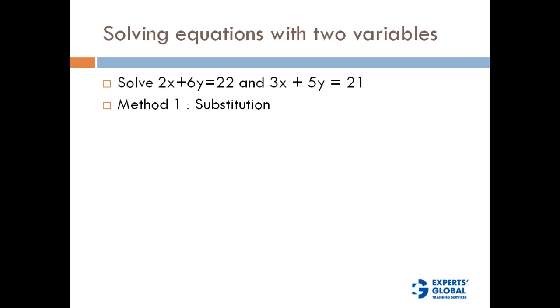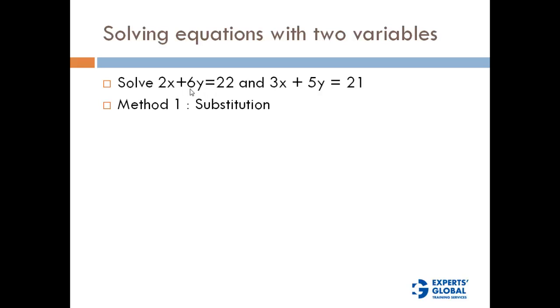So the idea behind substitution is that we'll look at only one equation at a time. We'll try to express one variable in terms of the other variable. Let's say if you're looking at 2x plus 6y is equal to 22, then we'll try to express x or y in terms of the other variable.